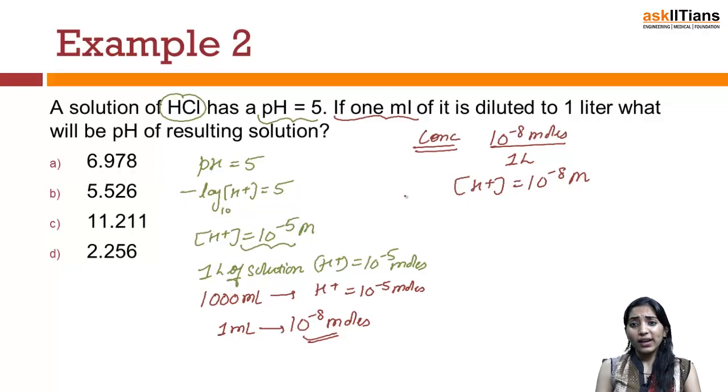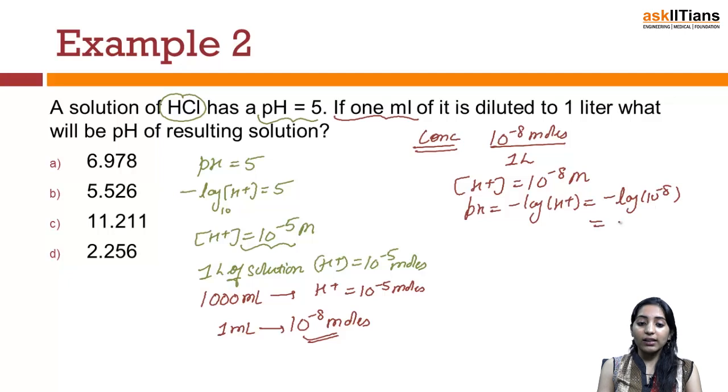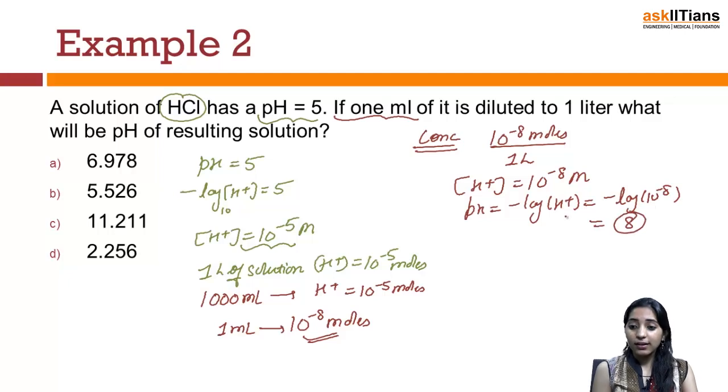If I simply go the other way around without thinking of what I am doing, I'll say pH is minus log of H positive, which is minus log of 10 to the power minus 8, and the value will be 8. But instead of solving the question so randomly, one should keep in mind that HCl is an acidic solution. And if HCl is an acidic solution, it means that the pH has to be less than 7.